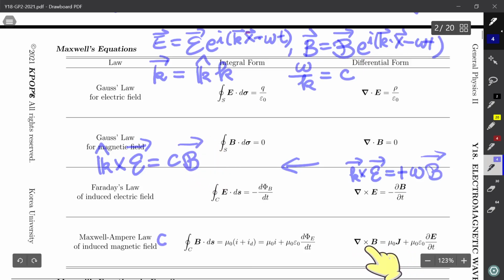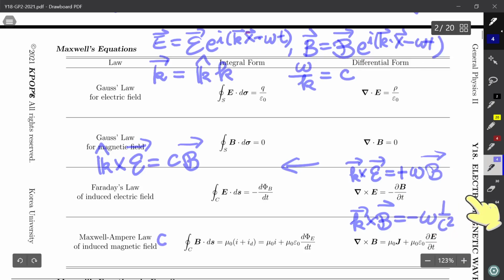And from this relation, k cross B, with minus omega t, equals minus omega times 1 over c squared times E.